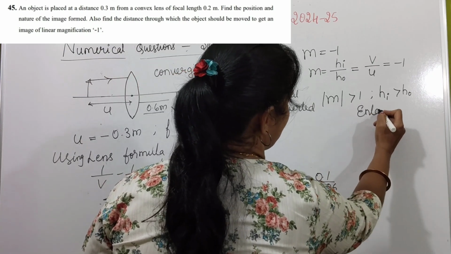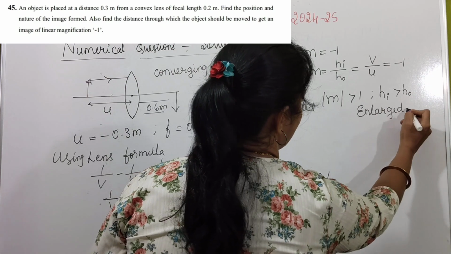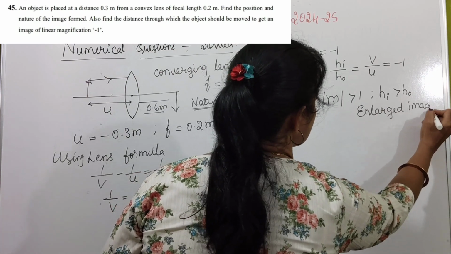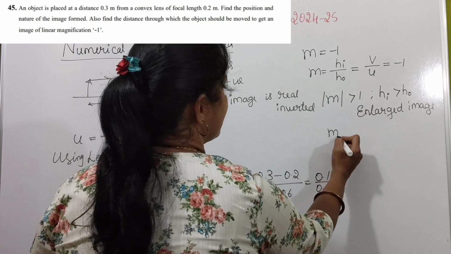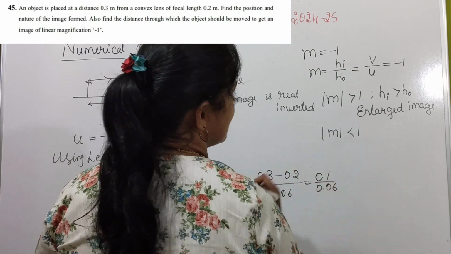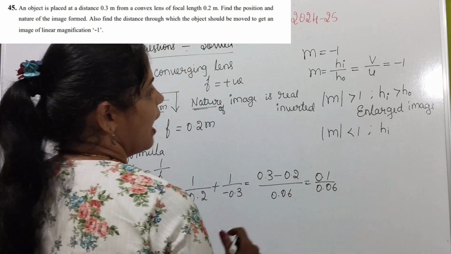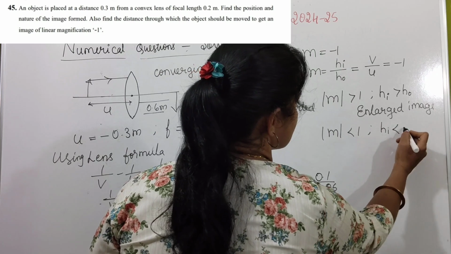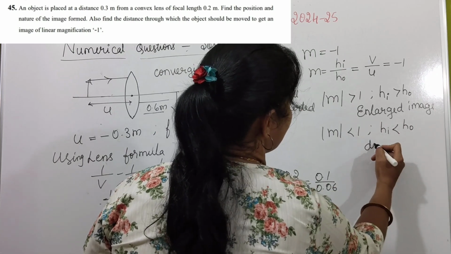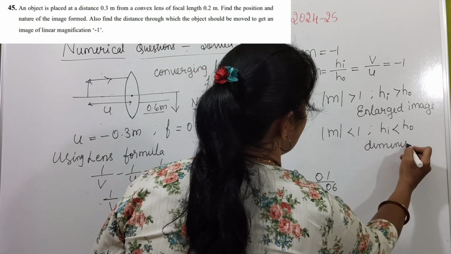then we are going to get an enlarged image. What type of image are we going to get? Enlarged image. If the magnitude of magnification is less than 1, that means height of image is less than height of object, then we are going to get a diminished image.